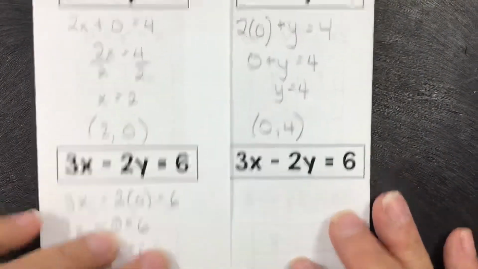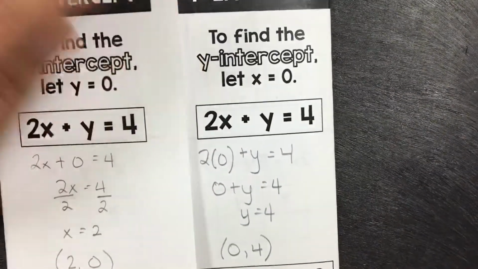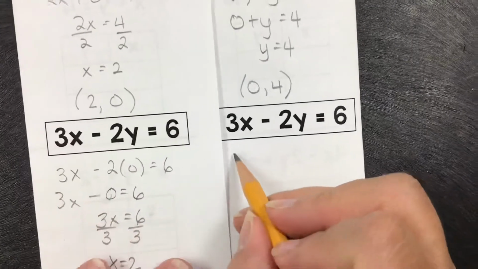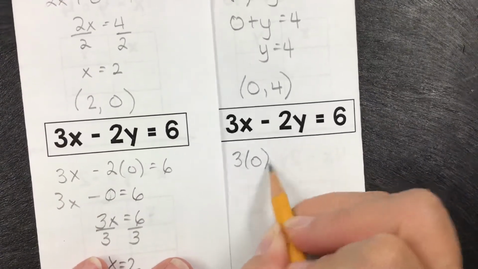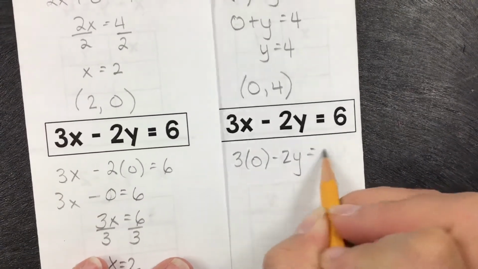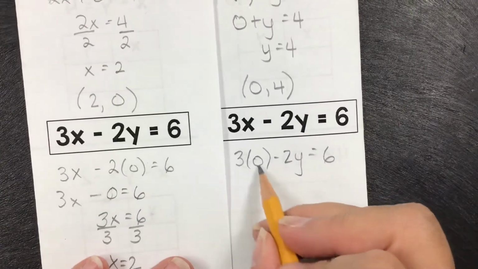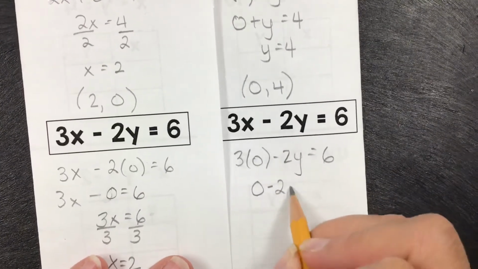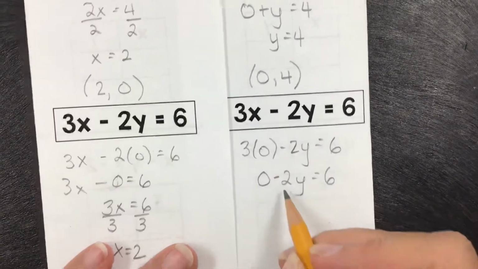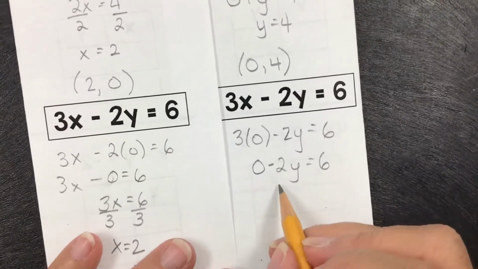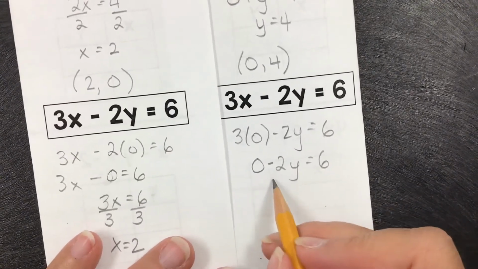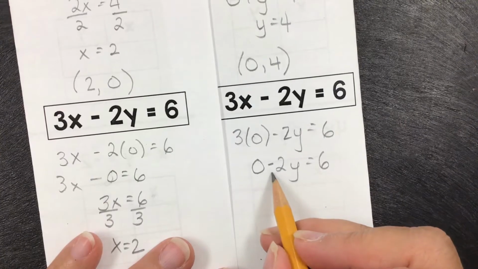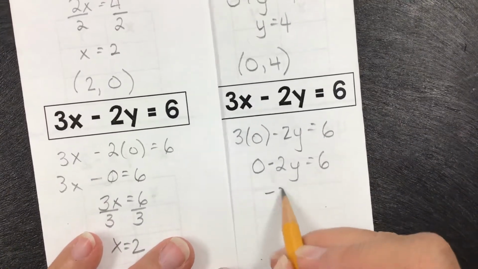Okay, so for this one, we're looking for the y-intercept. That means our x value has to be 0. 3 times 0 is 0. And then you have 0 that you don't need to write, negative 2y.